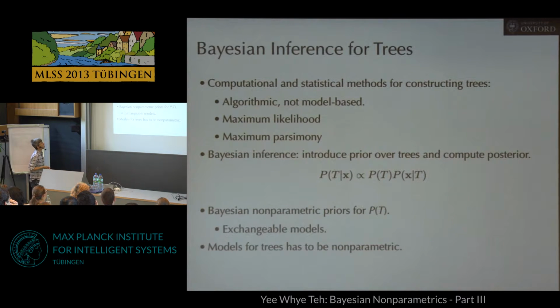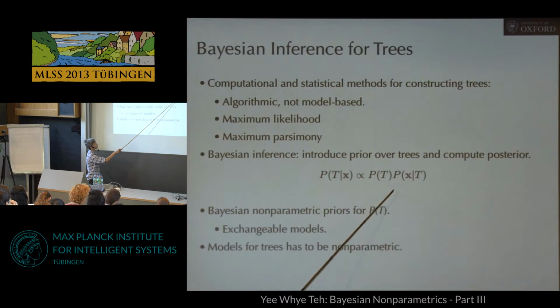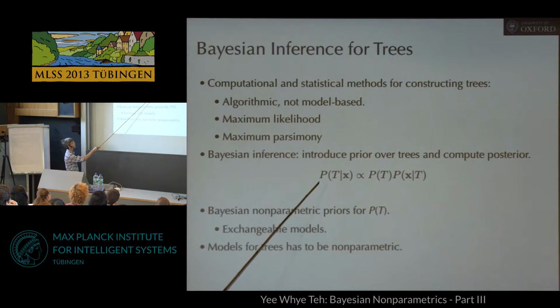So we're going to take a Bayesian inference approach to learning about trees. We'd like to place a prior over trees and then have some sort of likelihood model that relates the data to the tree. And then, again, we're going to do posterior inference, computing the posterior distribution over trees given our data.